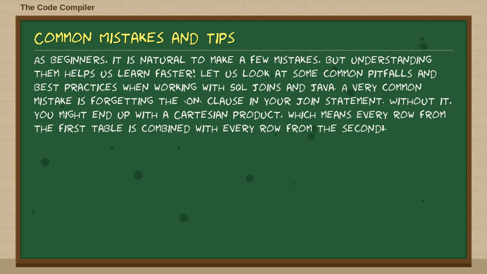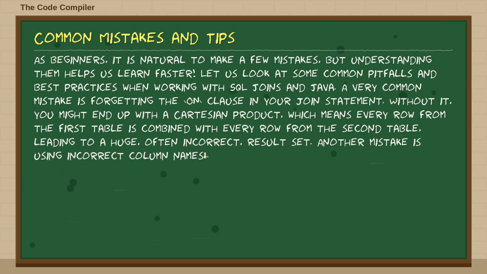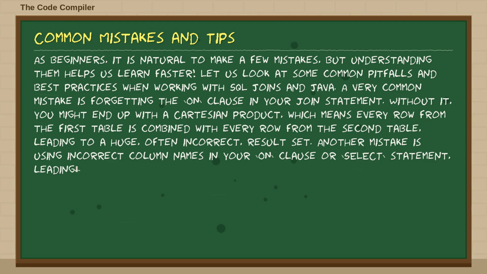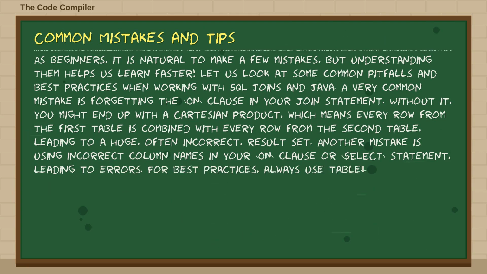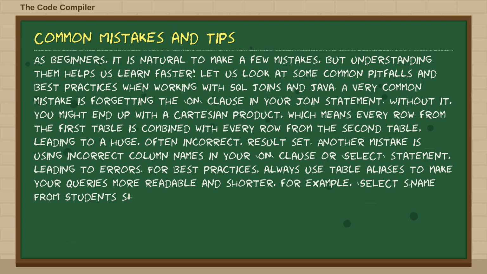Another mistake is using incorrect column names in your ON clause or select statement, leading to errors. For best practices, always use table aliases to make your queries more readable and shorter. For example, select s.name from students s inner join courses c on s.course_id is equal to c.id.